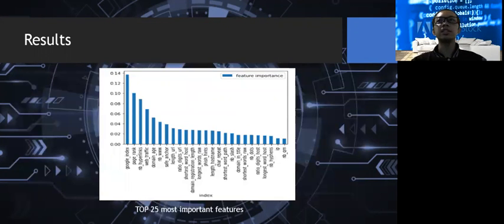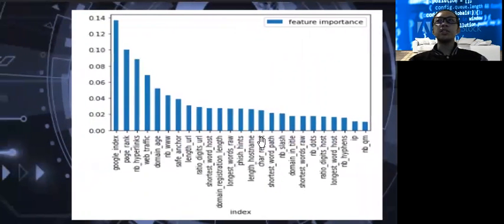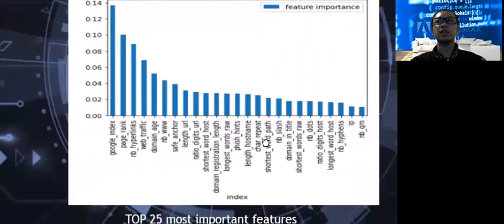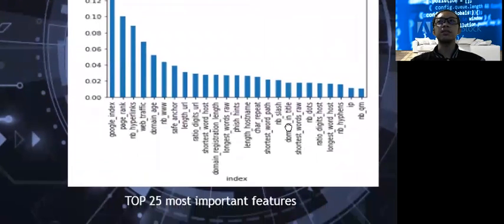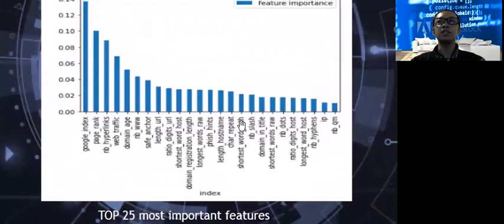This is the top 25 most important features I have documented. The Google Index feature contributes highly to classifying whether a link is phishing or not. The other top contributors are page rank, NB hyperlink, and domain age.